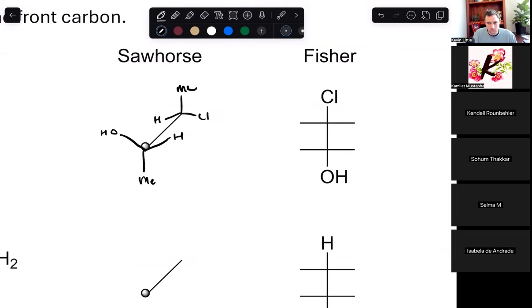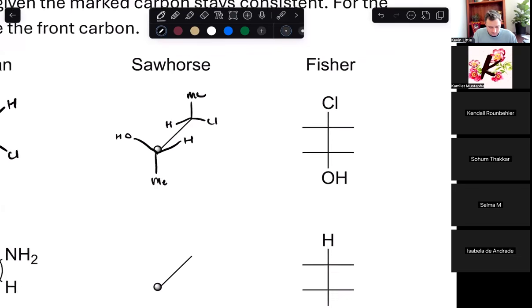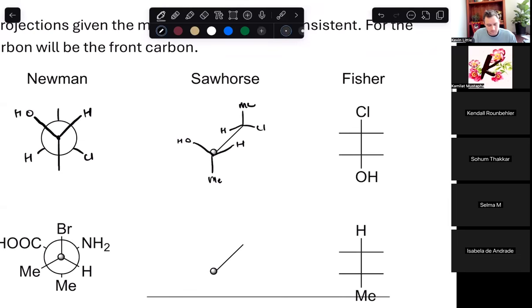So now we have two different ways to see this, which is, well, you have a million different ways you can try to see a Fischer projection. It's up to you how you want to see it. I showed you a couple different ways yesterday that have worked for some people.